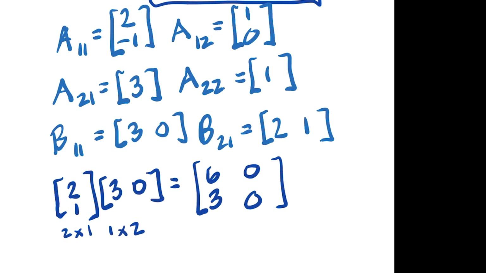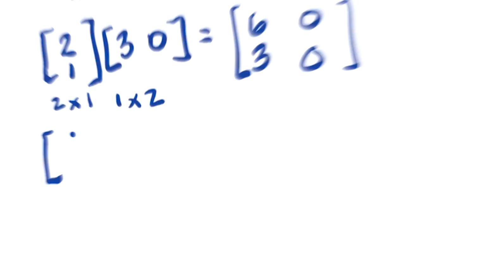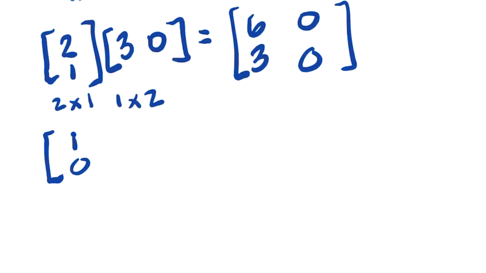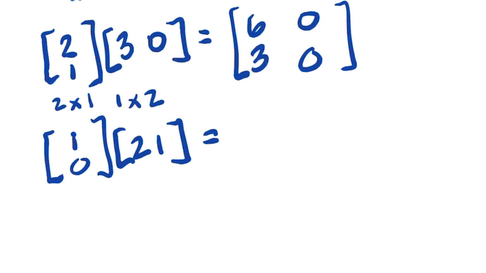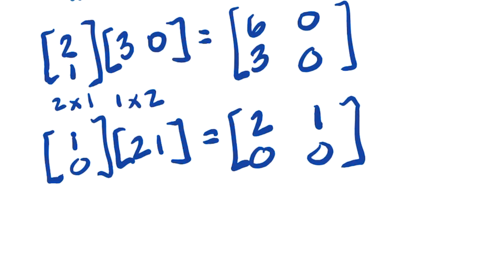Now for the next one, I need to do A12 times B21. So A12 is 1, 0. And then B21 is 2, 1. That's going to be also a 2 by 2 matrix. So we'll have 1 times 2 is 2. 1 times 1 is 1. And then 0 times 2 is 0. And 0 times 1 is 0. Groovy?